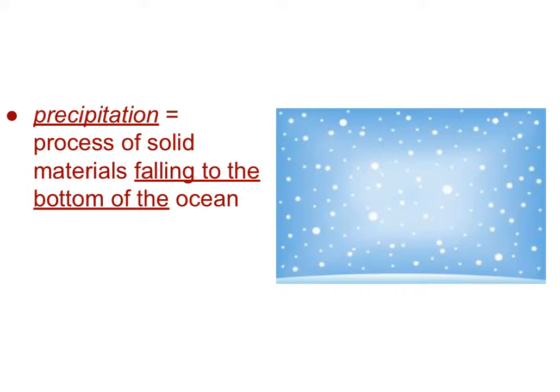You're still talking about something that's solid and it ends up falling through something. In this case, we're just talking about salts or other materials like calcite, things that organisms are creating in the ocean, and then they solidify and they fall to the bottom of the ocean. And so those two processes are how we can get crystalline sedimentary rocks.